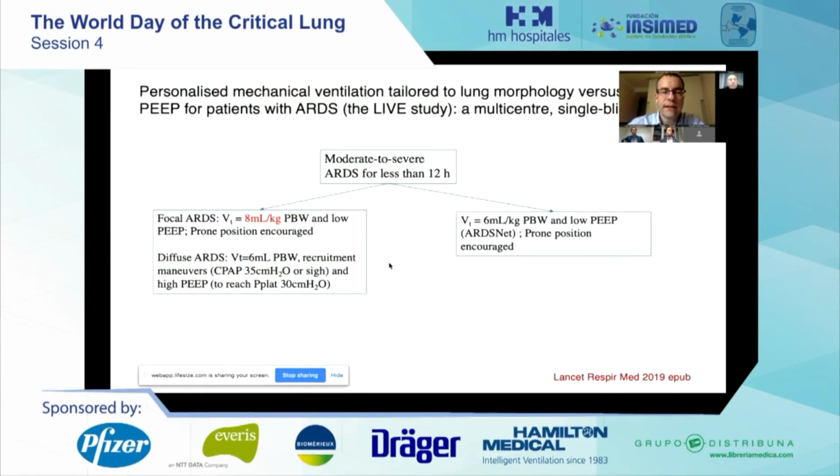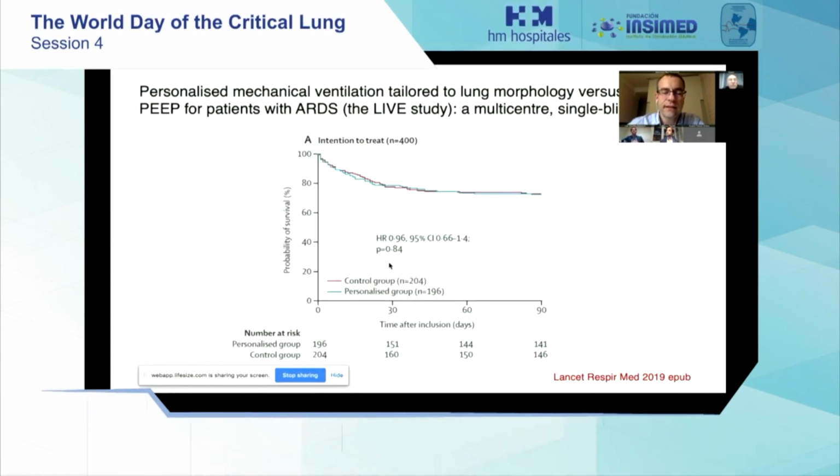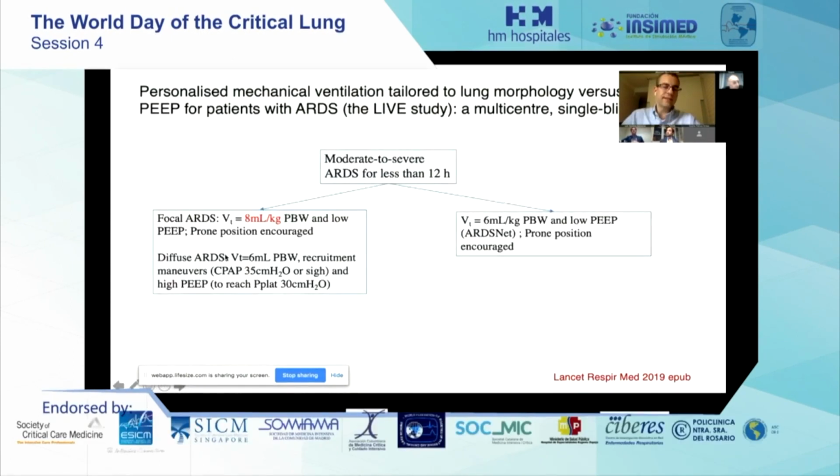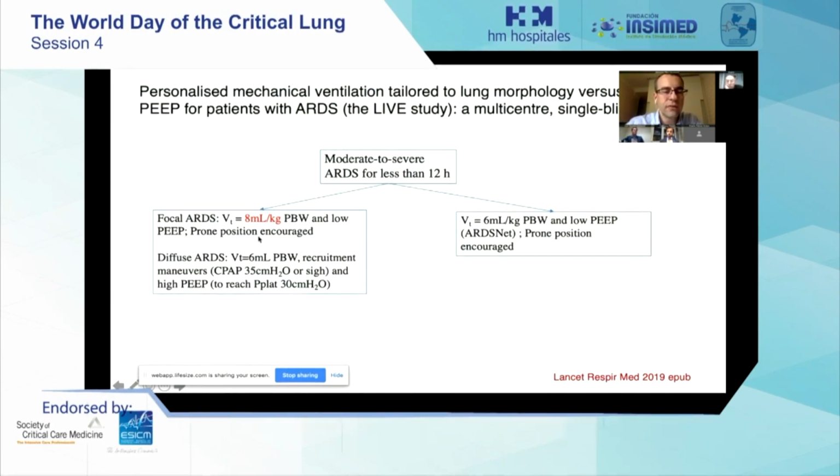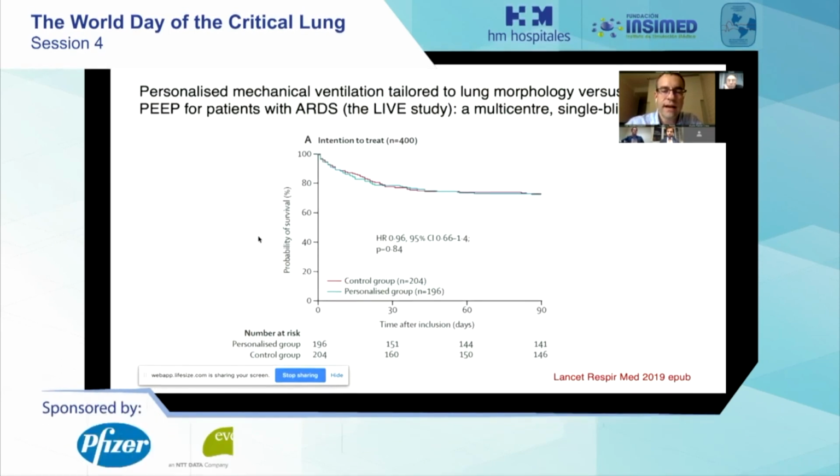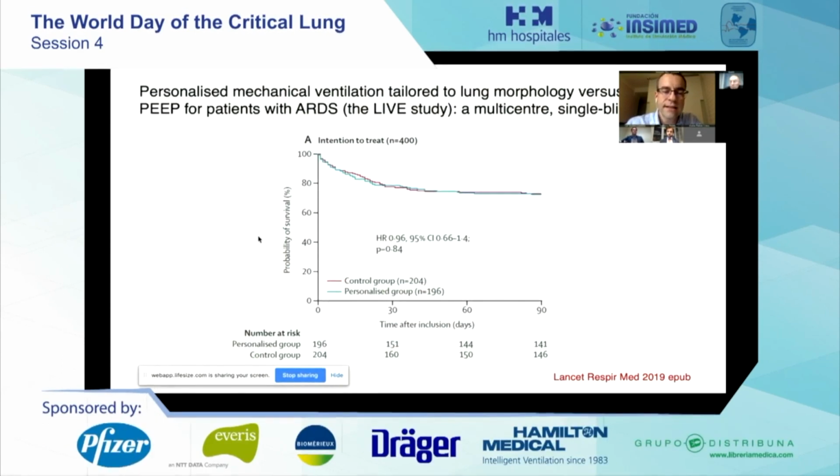Very recently, the LIFE study compared a personalized strategy. In the experimental group, the investigators offered recruitment maneuvers only for patients with diffuse ARDS and not for patients with localized, focal ARDS.